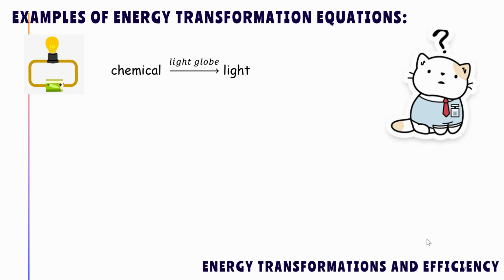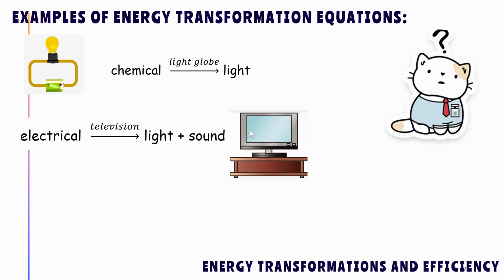Okay, so some examples using our energy transformation equations. If we had the light bulb and the battery, we could start off with chemical energy coming from the battery. It then becomes light energy through a light globe.